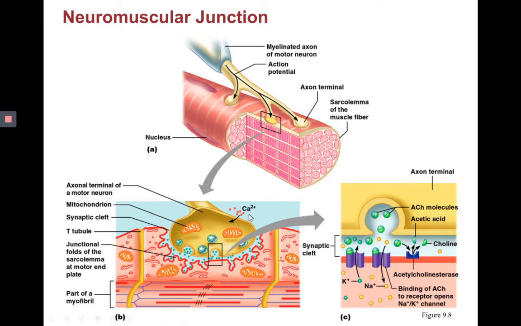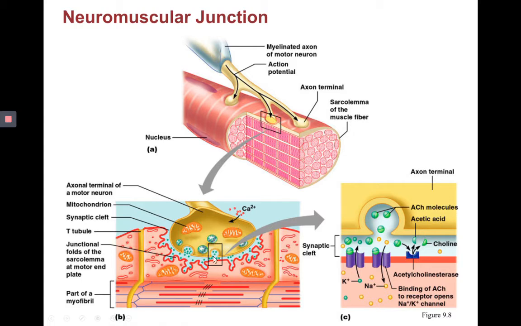When calcium goes into the axon terminal, acetylcholine goes out. That's the trigger. Calcium goes in to the axon terminal, acetylcholine goes out. And the ion channel that allows calcium in, it's voltage gated. So when the electricity reaches the axon terminal, that's when these channels open.